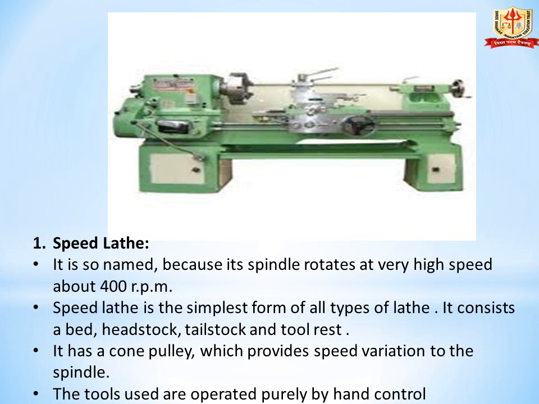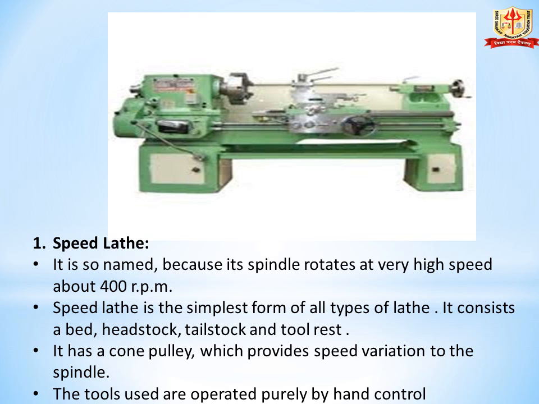Then we study all these lathes in detail. First is the speed lathe. We can see the diagram of the speed lathe. It is so named because its spindle rotates at very high speed, about 400 rpm. Second point, speed lathe is the simplest form of all types of lathe.